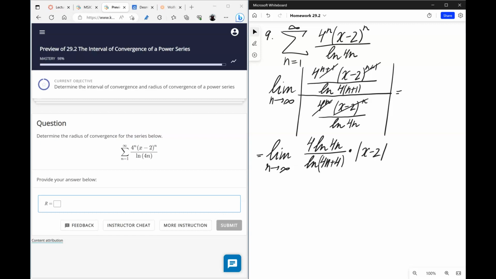Previously we have seen that something like this goes to 1, so this whole thing becomes 4 times absolute value of x minus 2, and by the ratio test this must be less than 1.